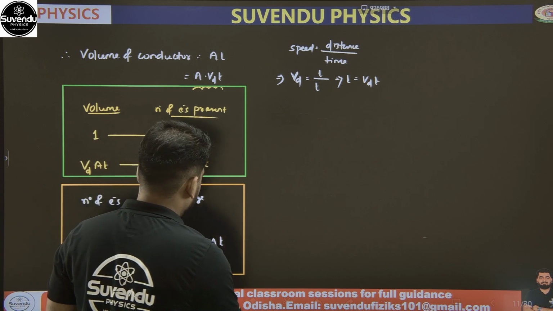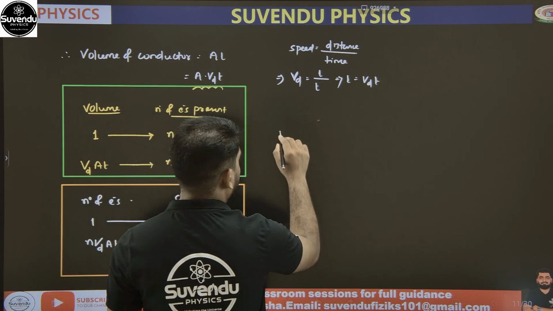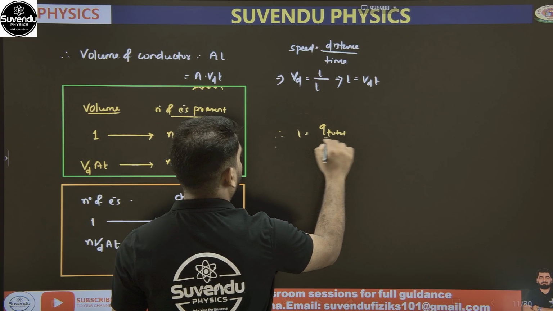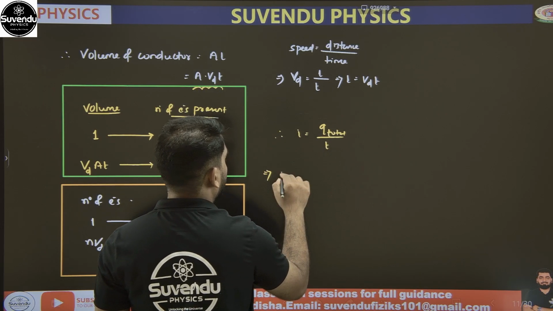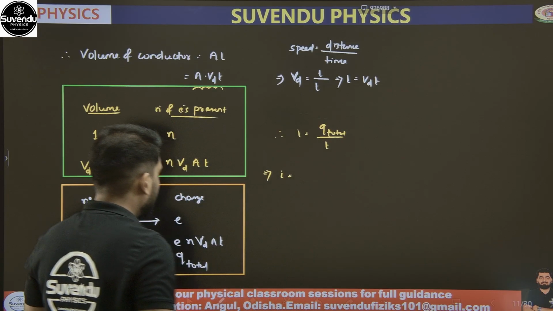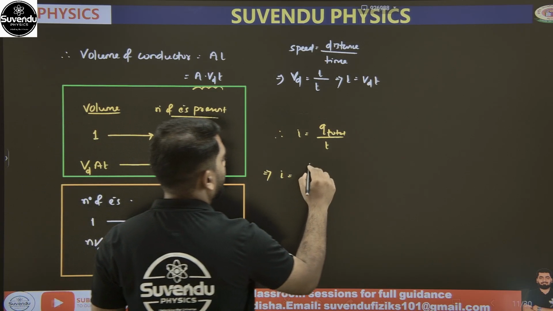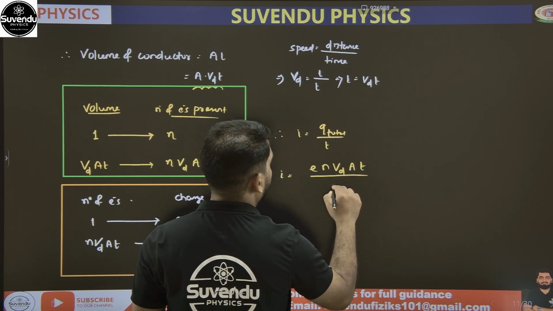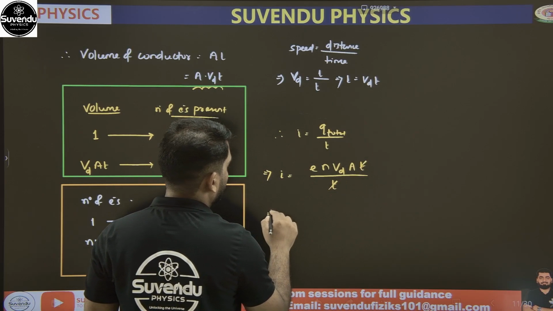Now what is current? Thus I is equal to Q total divided by t, which implies I is equal to e n Vd A t divided by t. After cancellation, what will you get?